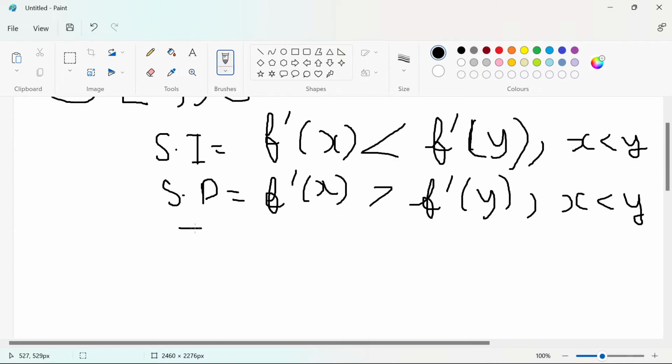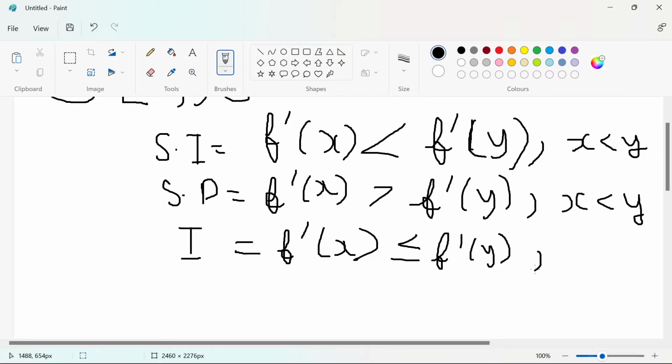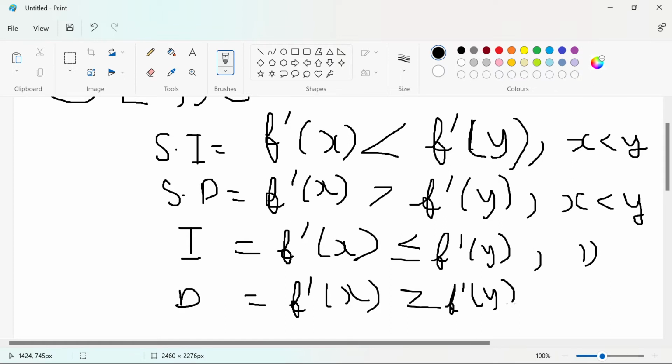I made a mistake earlier, it should be x less than y instead of a less than b. For increasing, not strictly increasing, f of x is less than or equal to f of y. And same for decreasing, f of x should be greater than or equal to f of y.